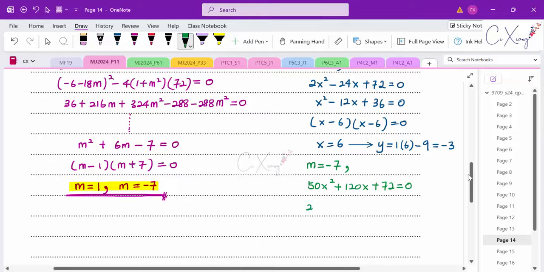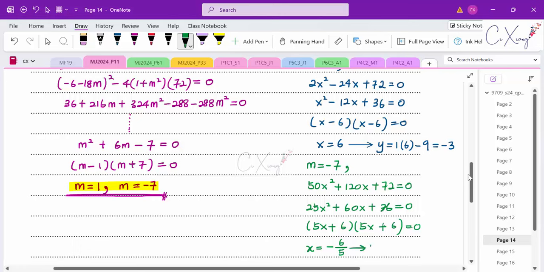You'll be having 25x squared plus 60x plus 36. To factorize this, you should have 5x and 5x, and 6 and 6, both positive. So here, x equals negative 6 over 5.